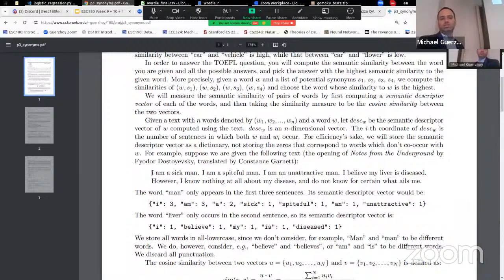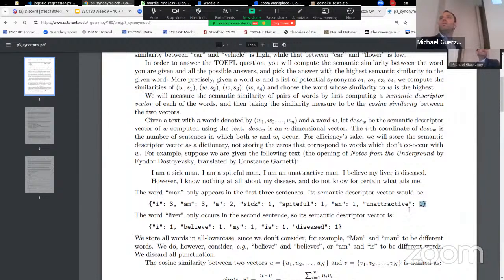This is the Dostoevsky excerpt from last time as well from the lab. So this is how we're going to represent the word "man" as a vector, right? So using this passage, it occurs with "I" 3 times and with "am" 3 times, and then with "unattractive" once.